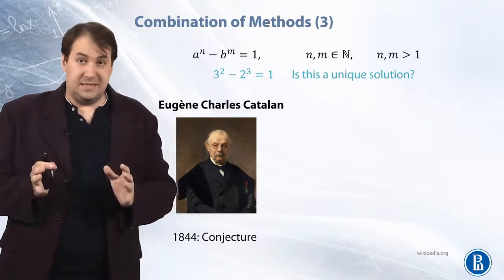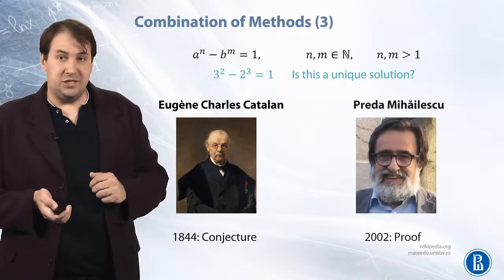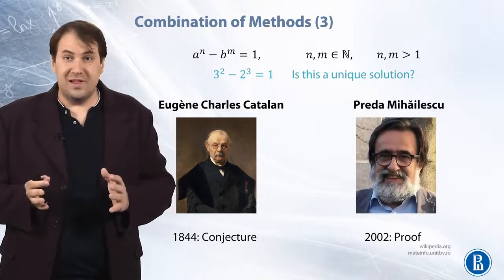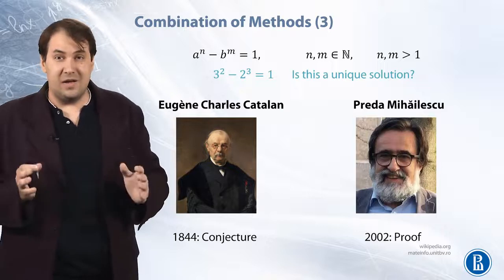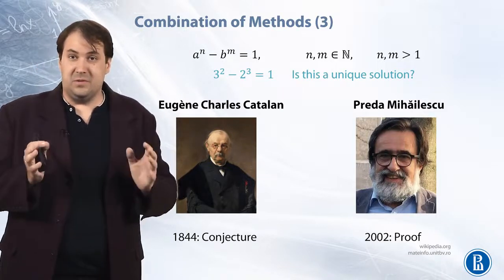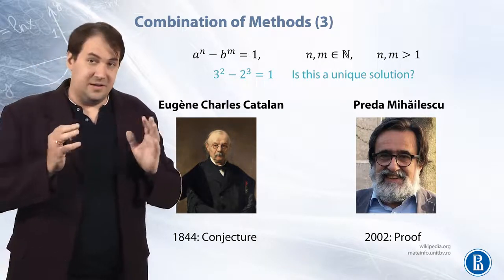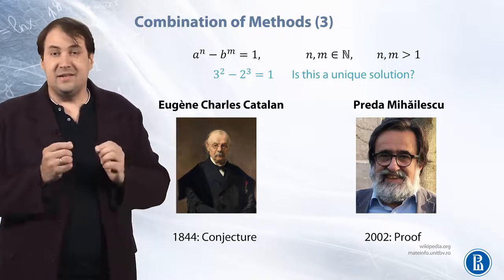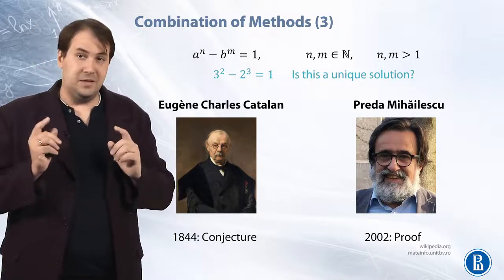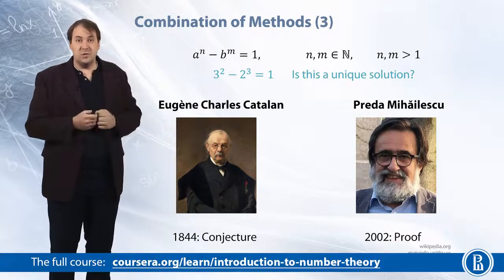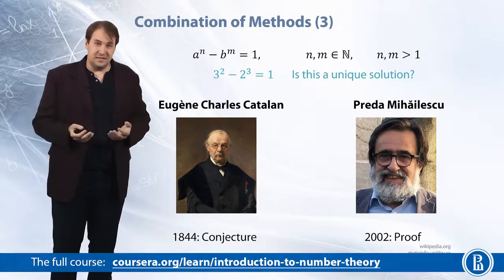Recently, in some sense, Romanian mathematician Mihailescu proved that there are no other pairs of powers other than 9 and 8 that differ by exactly 1. So now we know that this is a unique solution of this Diophantine equation.